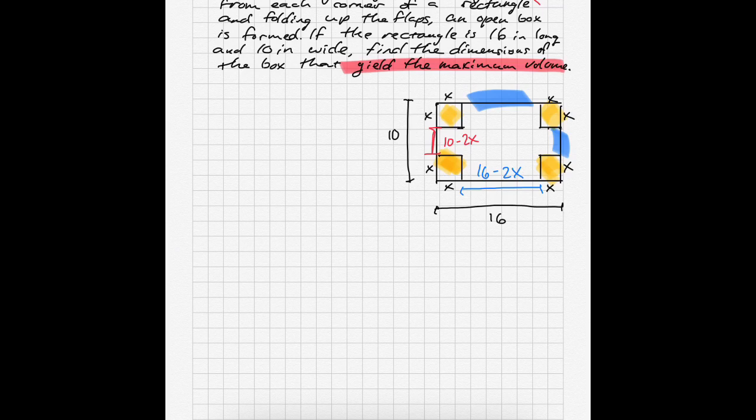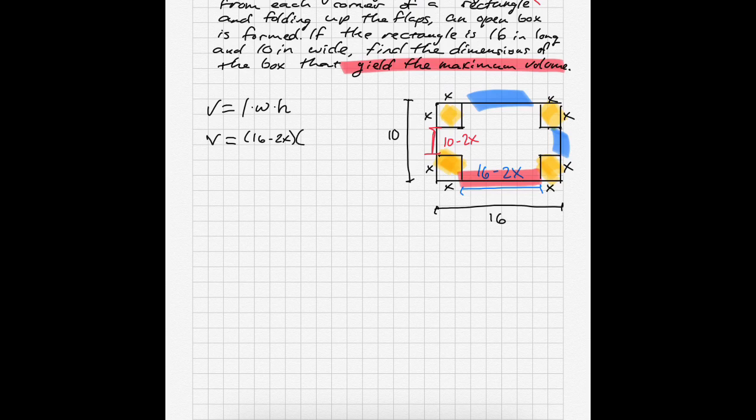Okay, so let's see then. So once I actually fold my rectangle into this open box, let's see. So I need to write the volume. So the volume is going to be the length times the width times the height. Okay, so once I fold up the sides, the length is going to be that 16 minus 2x.